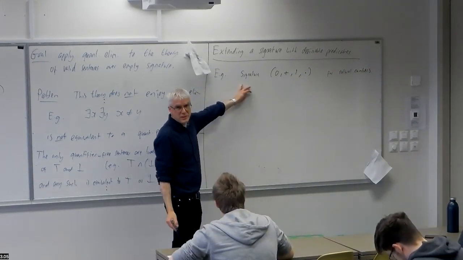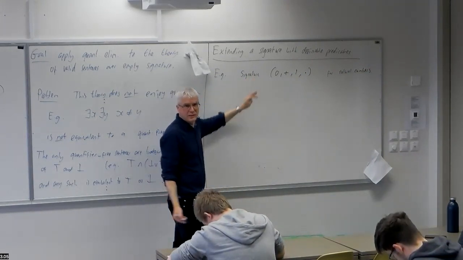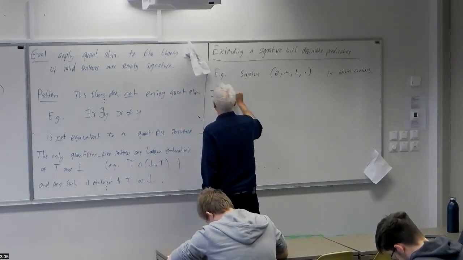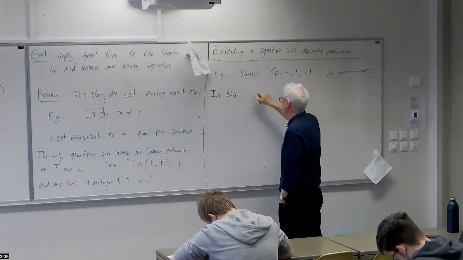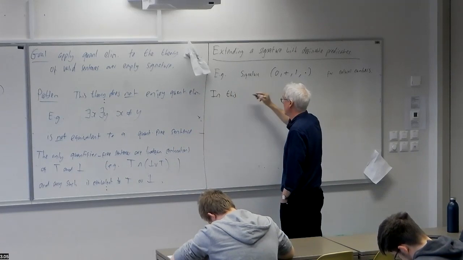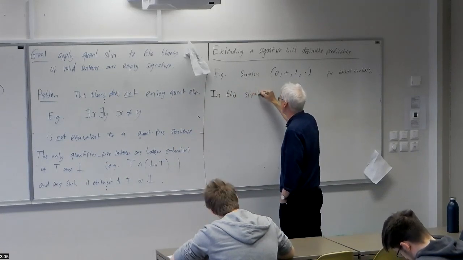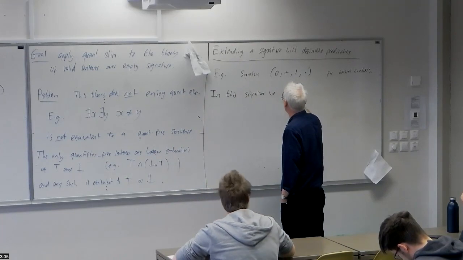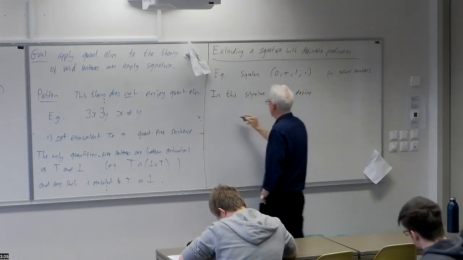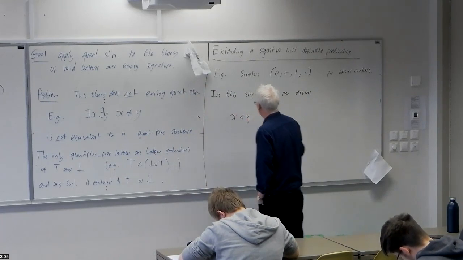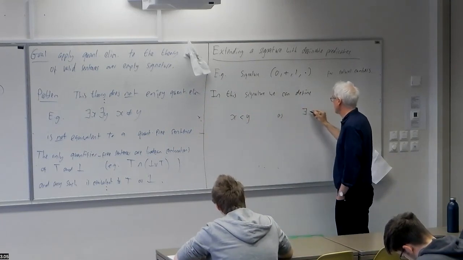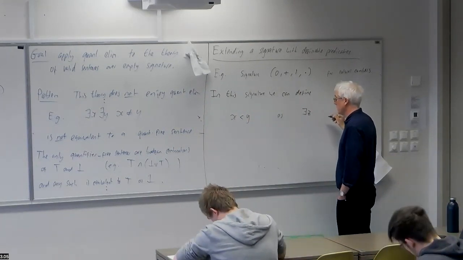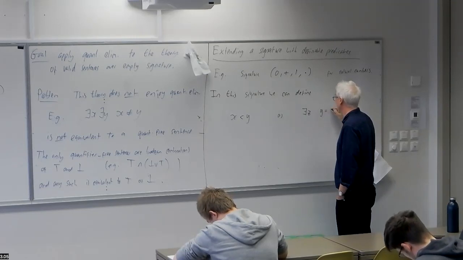We saw in the first lecture that in this signature we can define the strict less-than relation, and also the property of being prime and things like this. But let's just look again at the strict less-than relation. In this signature, x is less than y is equivalent to: there exists a z such that y equals x plus z plus 1.